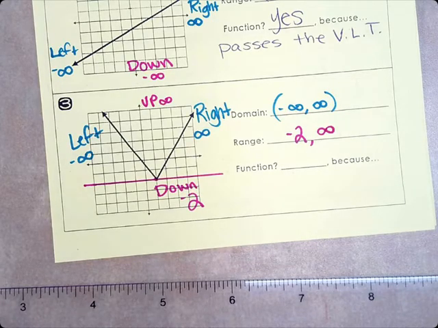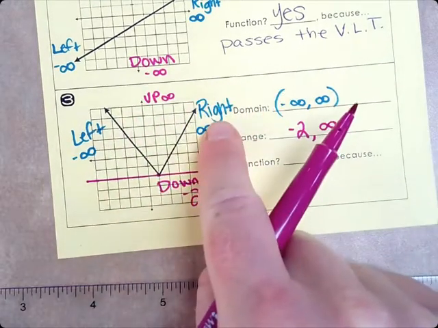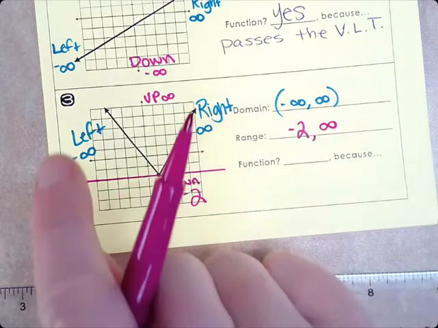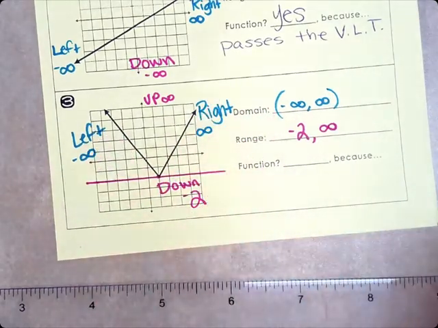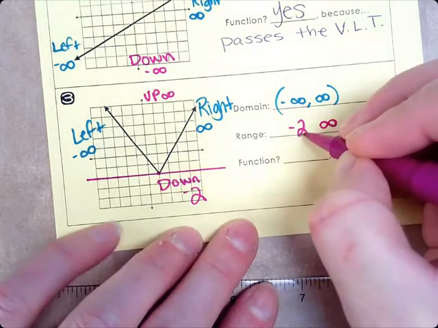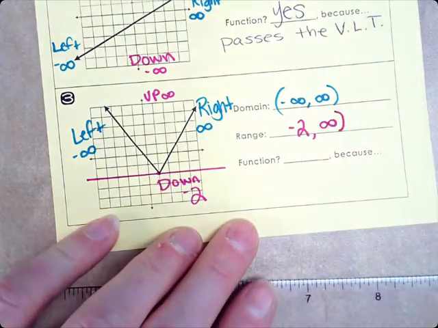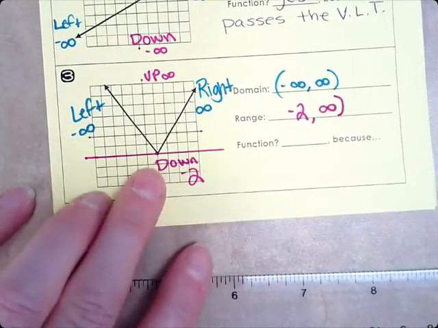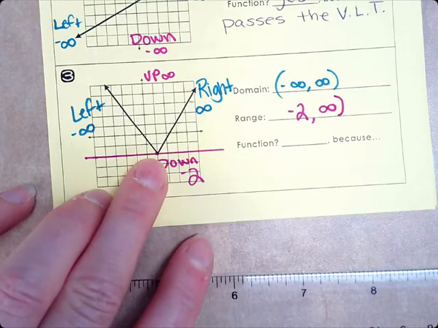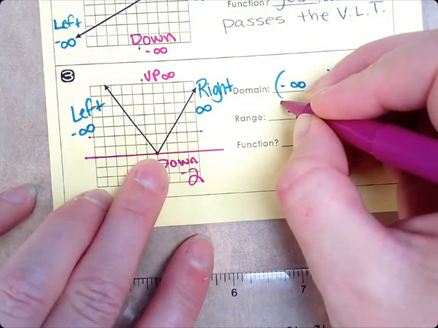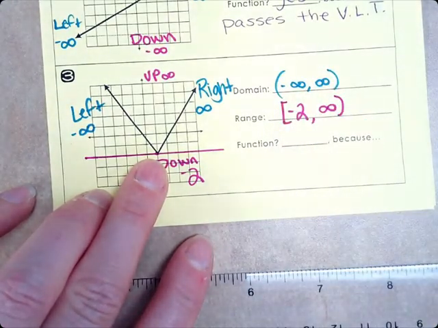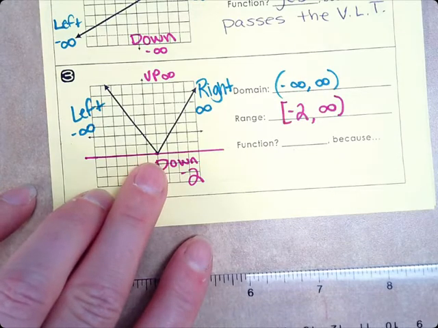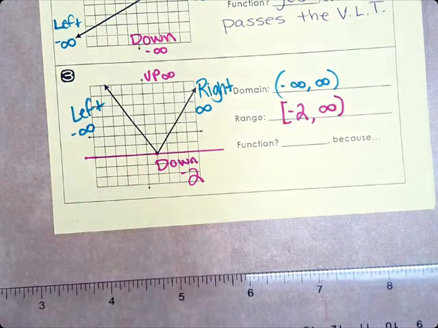Positive directions are up and right. Negative directions are anytime you go left or down. So parentheses go on infinity, but since it actually touches where y equals negative 2, we can put that as a bracket. I said the wrong thing before, it's y equals negative 2.